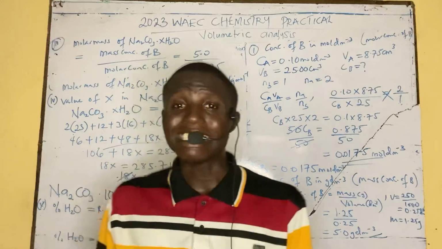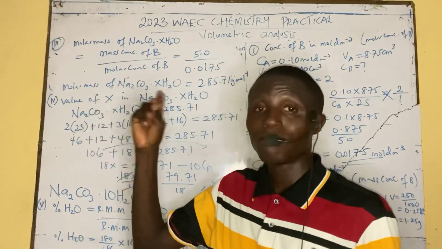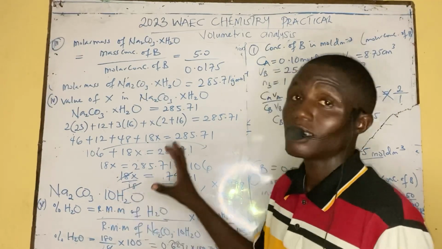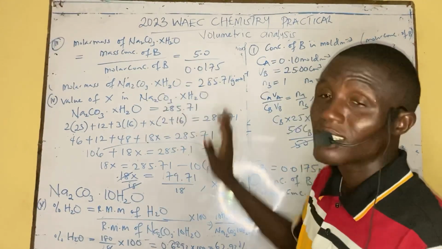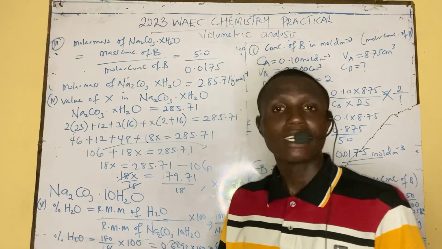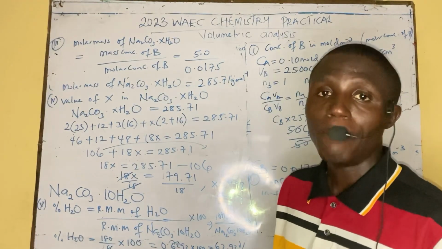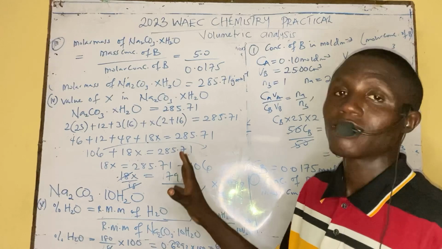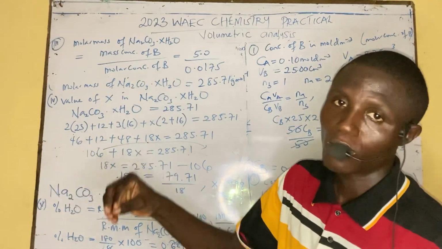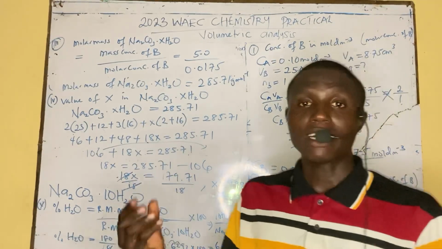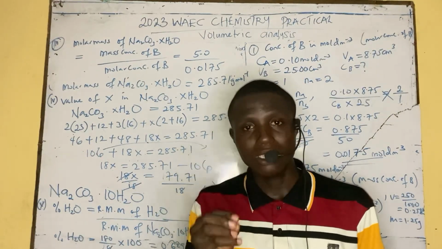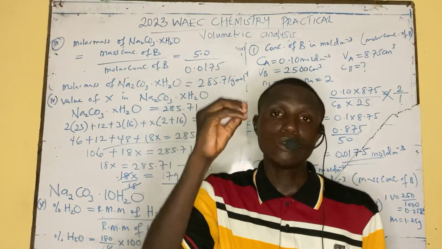You can see we still have the same value as what we have for the first video that I uploaded concerning this question. Just follow the same procedure in solving, then you get the answer based on the volume of acid given to you in your school. I repeat, the volume of acid given to you in your school is the one you should use in your calculation.